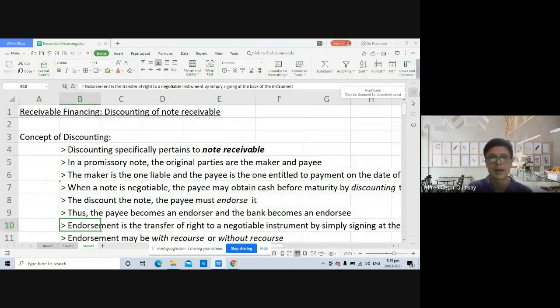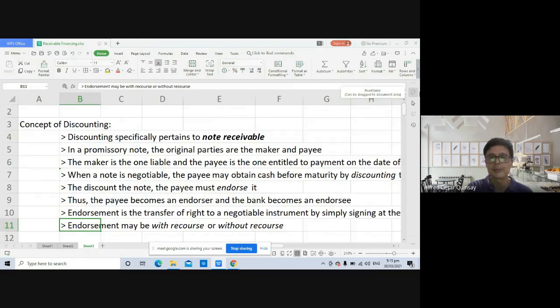Okay, in this case sa bangko. So endorsement may be with recourse or without recourse. Of course, pagka with recourse, mayroon pang habol. Okay? May habol pa yung endorsee. Pagka wala ng recourse or without recourse, wala na siyang habol.